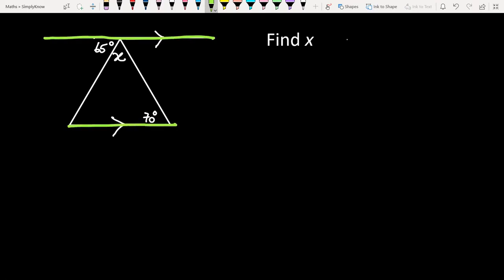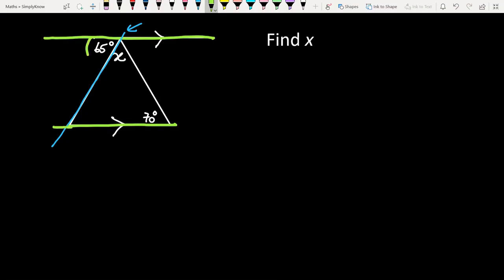So we know that when two straight lines are parallel, intersected by a transversal, the alternate angles formed are equal. So this is our transversal, and these two green lines are the parallel straight lines.